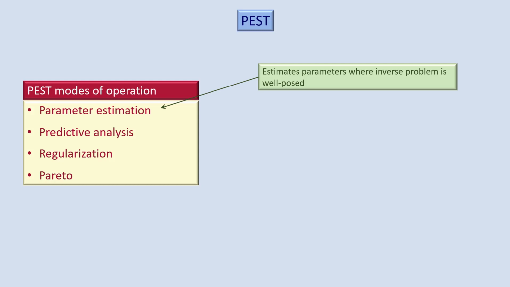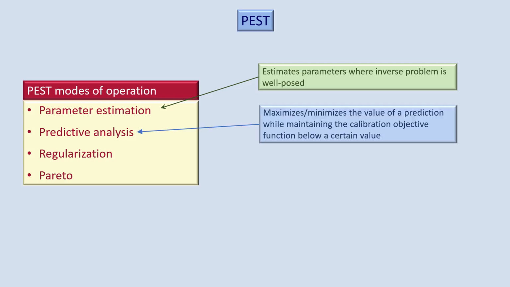If run in parameter estimation mode, it does what it was originally written to do, that is, to solve a well-posed inverse problem. Complementary to that, it can undertake predictive uncertainty analysis for a problem that is well posed or reasonably well posed.